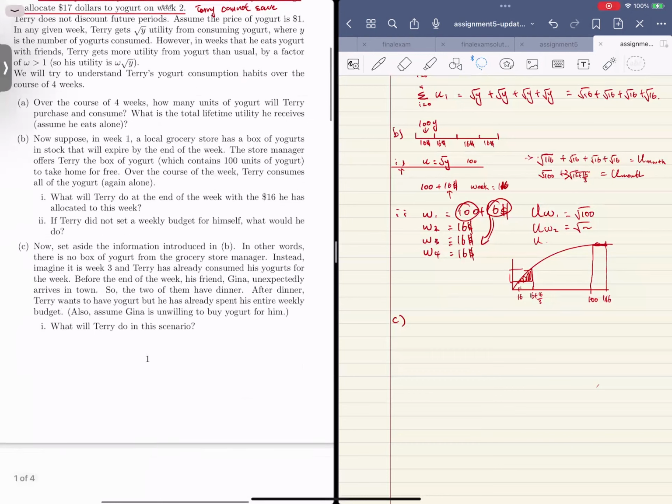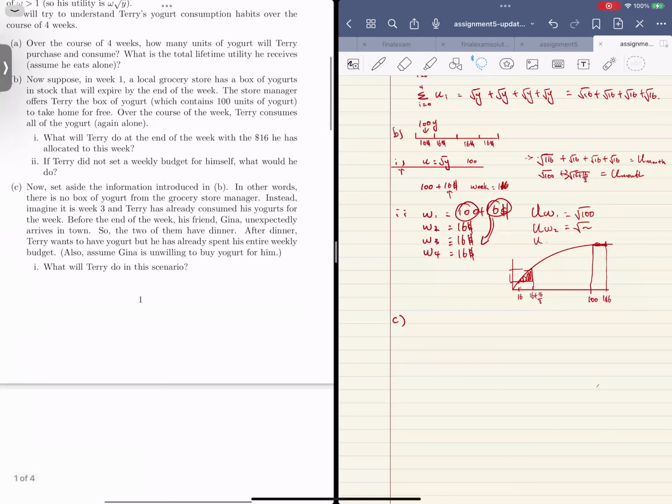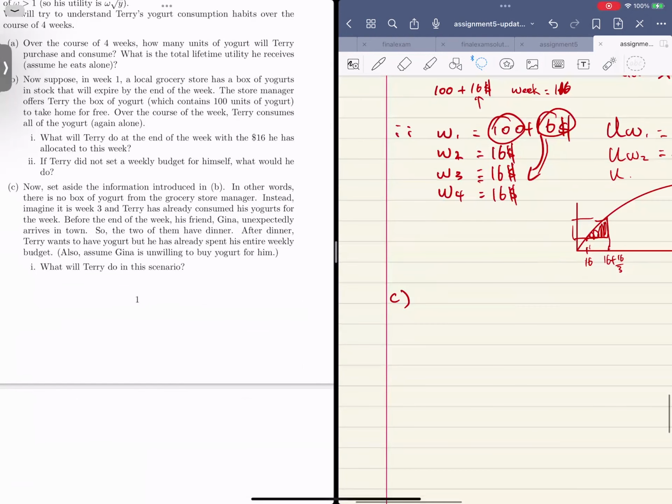Oh, interesting. Okay, so now we're in a scenario that is exactly about the suboptimal, about this mental accounting, right? So if you already consume everything on week 3, let's say u equals mental accounting.